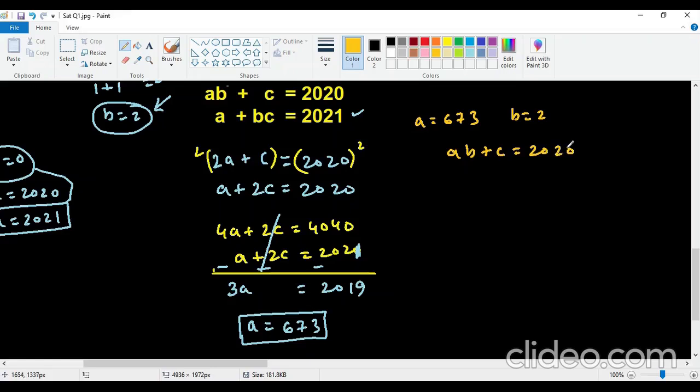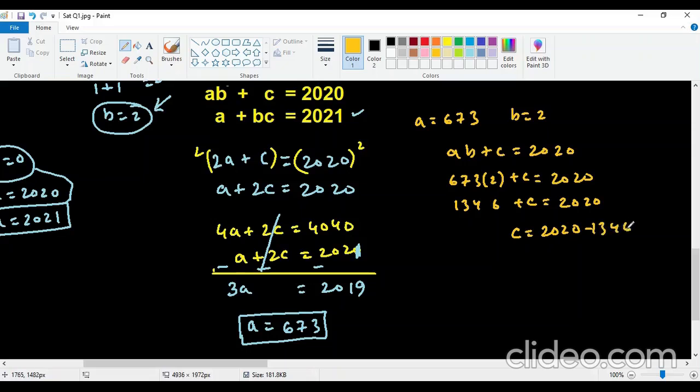The value of a is 673 times b is 2, plus c equals 2020. 673 times 2 gives you 1346 plus c equals 2020. That means the value of c is 2020 minus 1346. So the value of c is going to be 674.